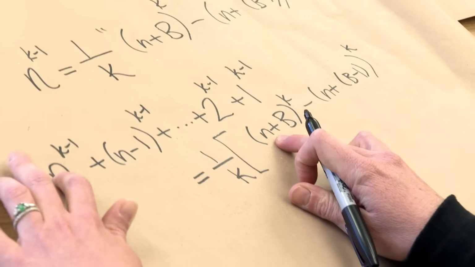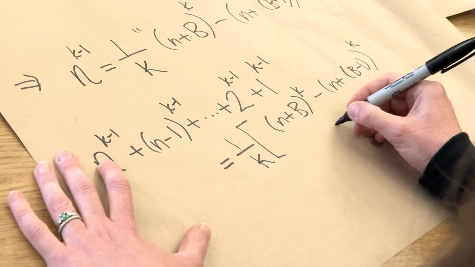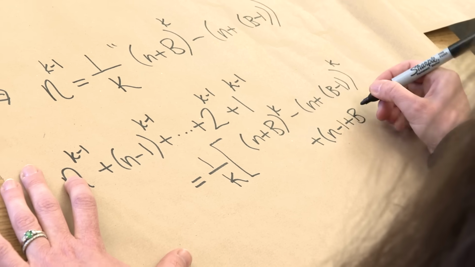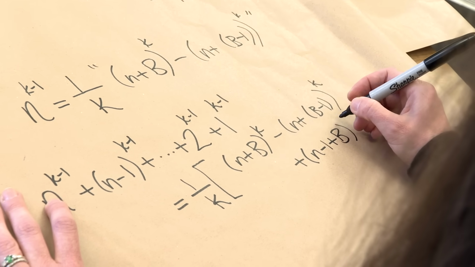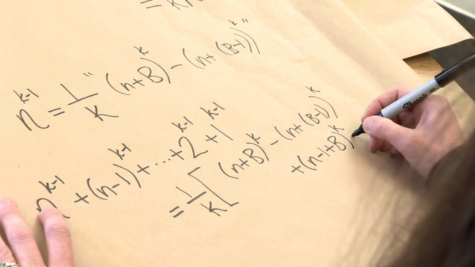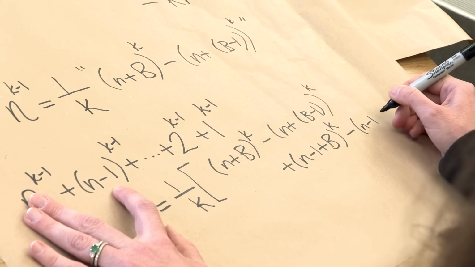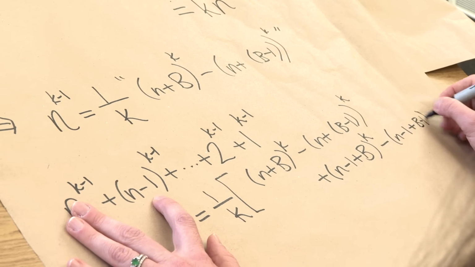That just takes care of the n to the k minus 1 term. Plus, I have n minus 1 plus b to the k minus, just to deal with the next term, n minus 1 plus b minus 1 to the k.